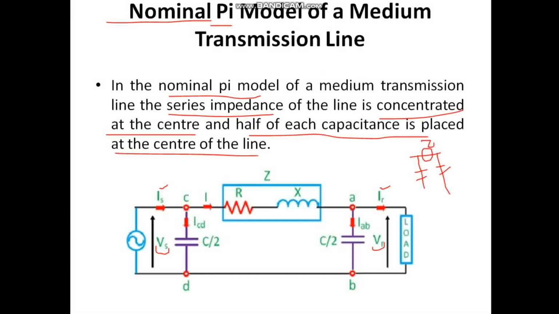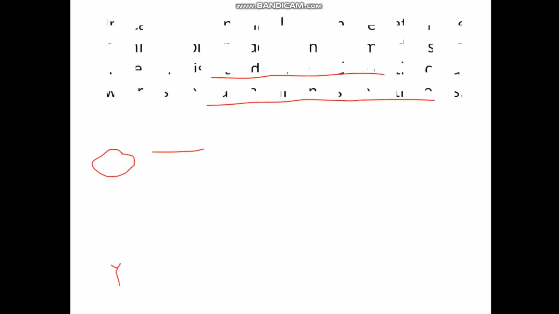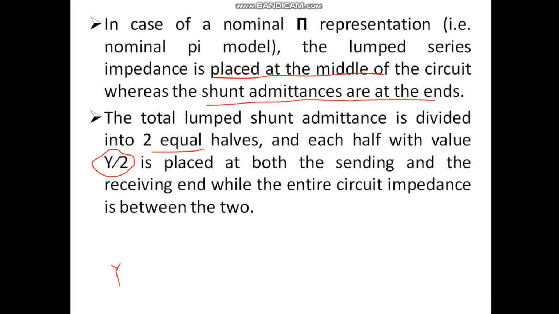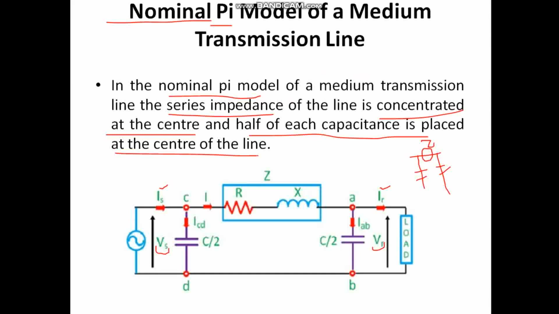If you see here, CD is one branch and AB is the other, so C by 2 and C by 2. Each half with value Y by 2 is placed at both the sending and the receiving end, while the entire circuit impedance Z is in between the two. You again see this figure, Z is in between, and here I have half the admittance and here I have half the admittance.